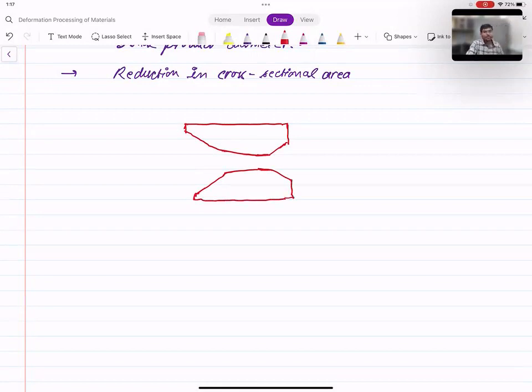And this entire setup can be divided into 4 different zones. Also, there will be some casing which will be supporting these dies, so let me draw that also.